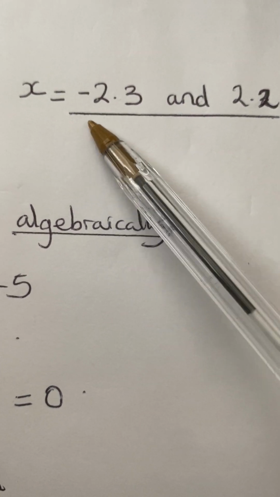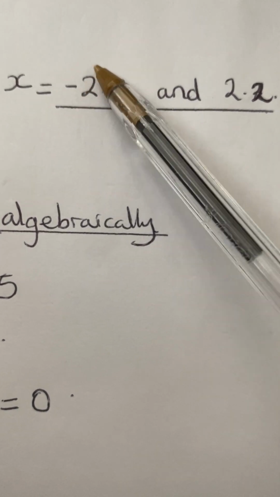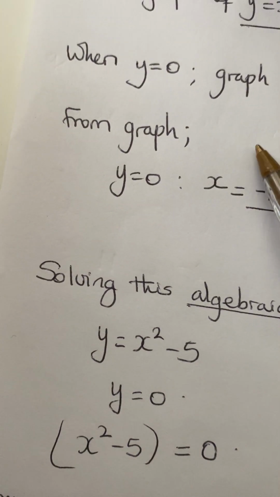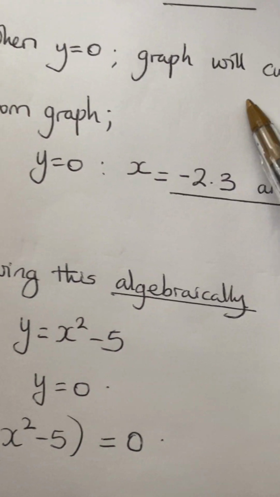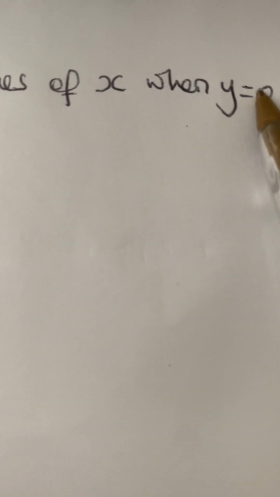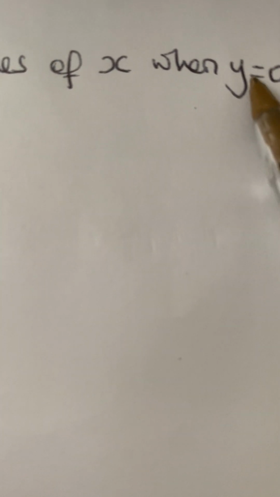If they say leave the answer as coordinates, then do that, but the question says write down the values of x. So you are just strictly going to follow the question and write the values of x when y is 0.